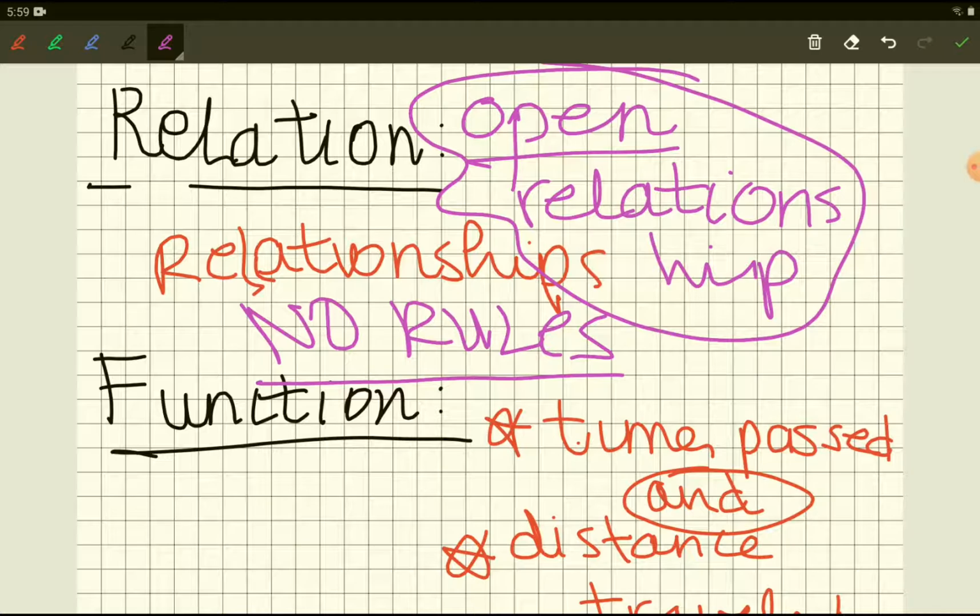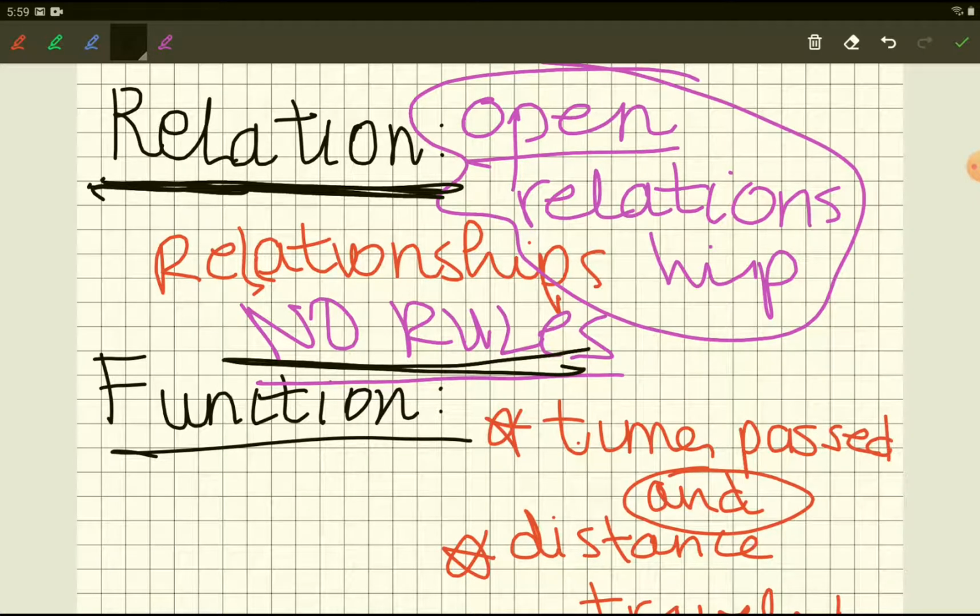Sooner or later, after whatever amount of time, a situation is going to arise where someone's feelings are going to get hurt. A relation is kind of like no rules, almost anything goes.